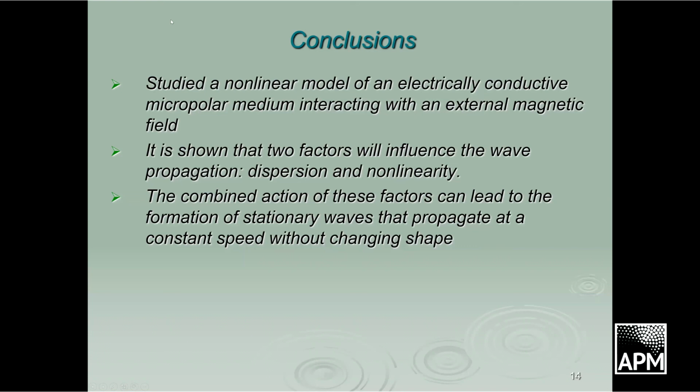Maybe not a question, a suggestion, because the analysis you performed is based on traveling wave exact solutions. Maybe it would be nice to perform some numerical simulation also on the formation of such waves which you obtained analytically. Because these are particular solutions, traveling wave solutions, which satisfy specific initial conditions.